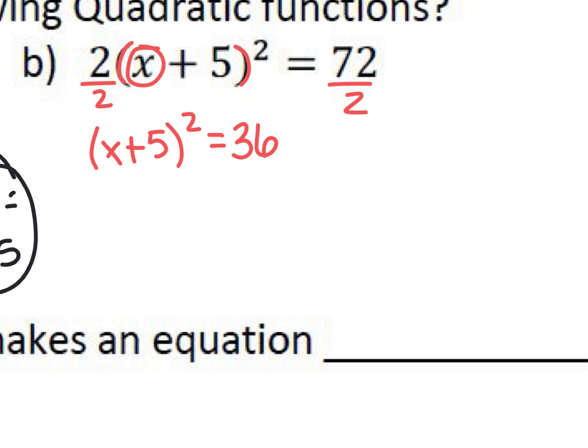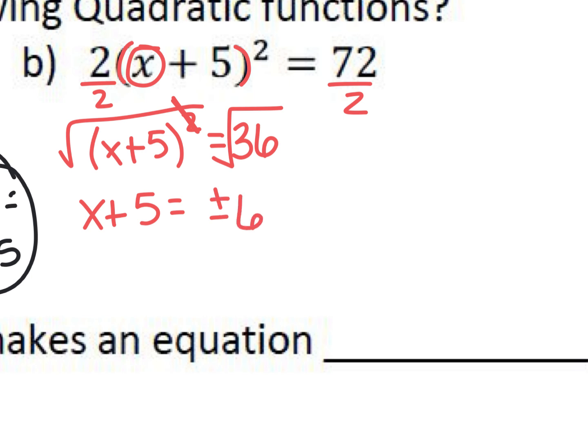What is the inverse or the opposite? Yes, the square root. So these are going to cancel. Our parentheses go away. And then, be careful here, we talked about this a couple days ago. What is the square root of 36? What times itself is 36? 6 and negative 6. So we can write plus or minus 6.